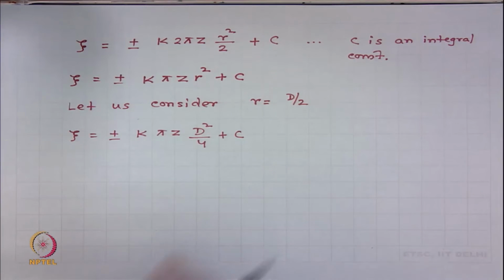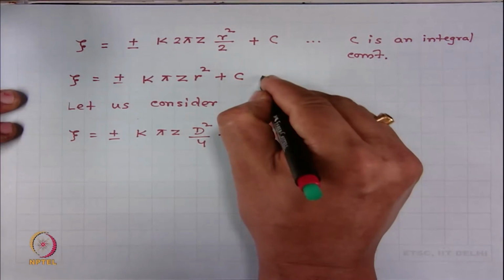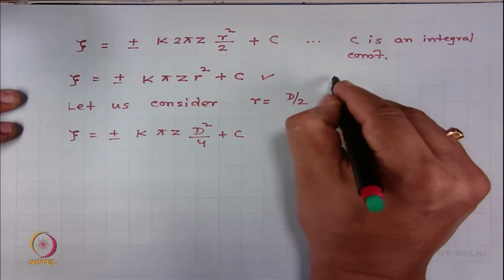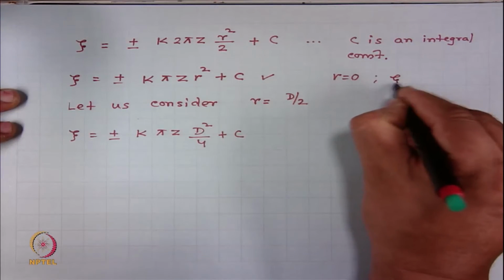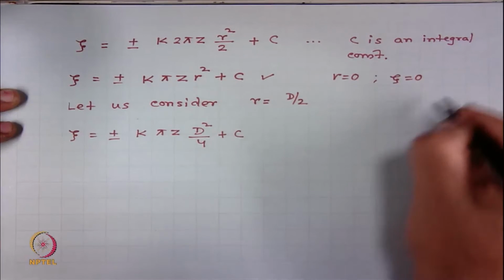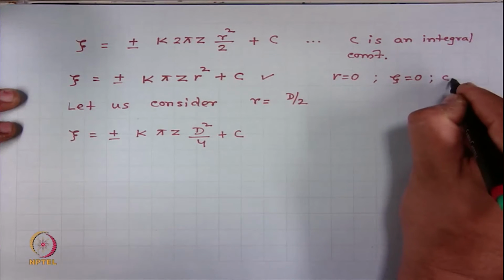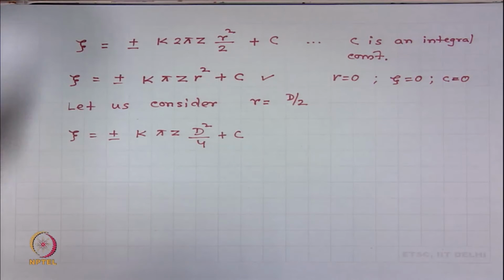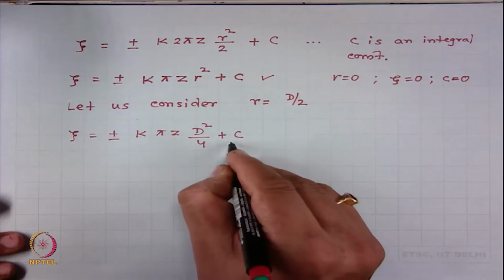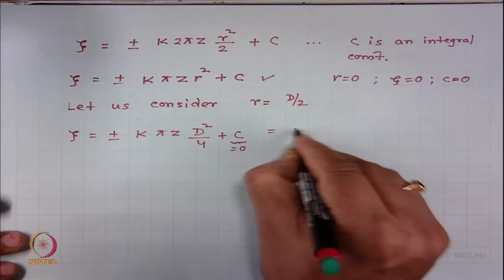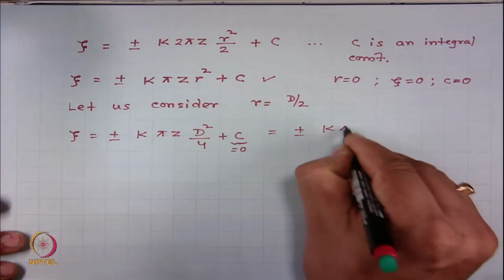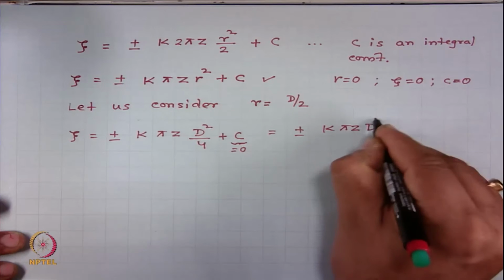Now, look at this equation. When r is equal to 0, this must be equal to 0. So, c is equal to 0. So, what we find is plus minus k times pi z d square by 4.